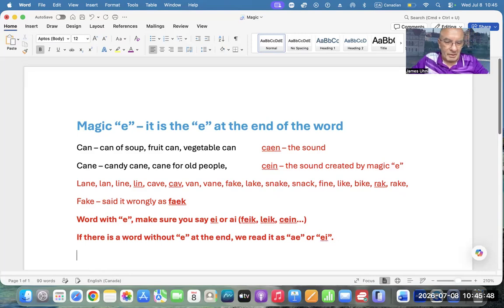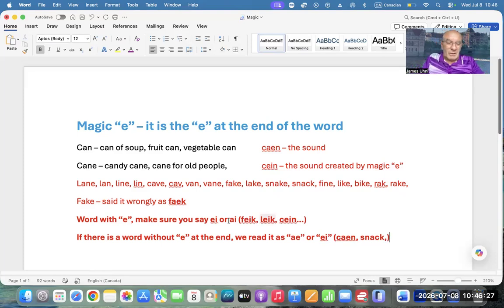That means, okay, I can change it over here. That would be can, or there would be snack. There could be something else. There are more words that end without E at the end. So I will stop right there.